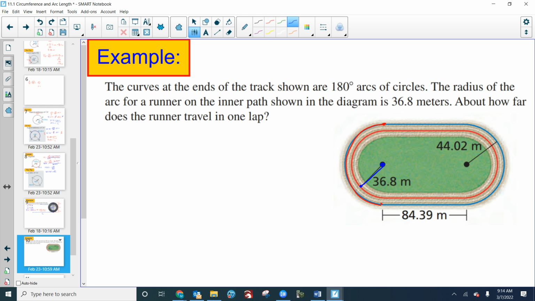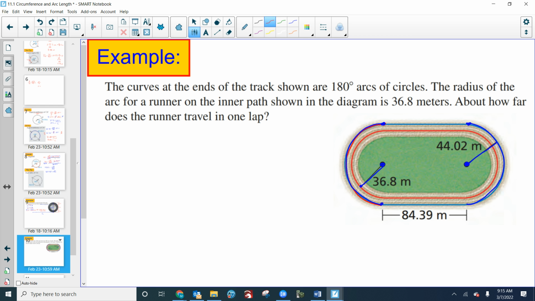Do you see how it gives you the radius for an outer runner and the radius for the inner runner? Okay. Do you agree? The plan here, we don't have time to actually do it, but the plan would be to find that arc, which is the same as this one over here. And isn't that half of some circle? So find the length in meters of that one and double it, because there's two of them.